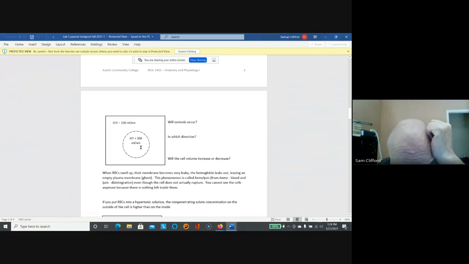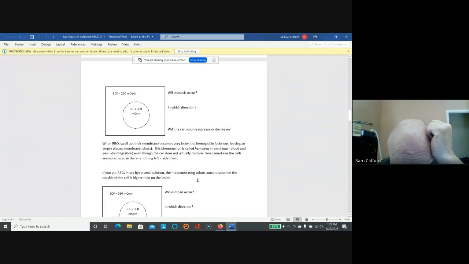So if this is a red blood cell and it's put in a hypotonic solution, because the 250 is less than the 300, the cells will undergo hemolysis and break up and they'll become dysfunctional.